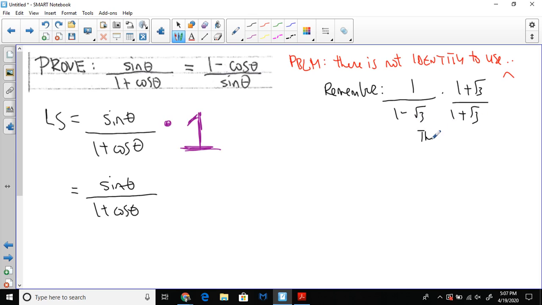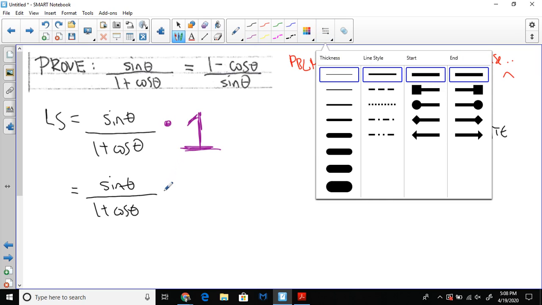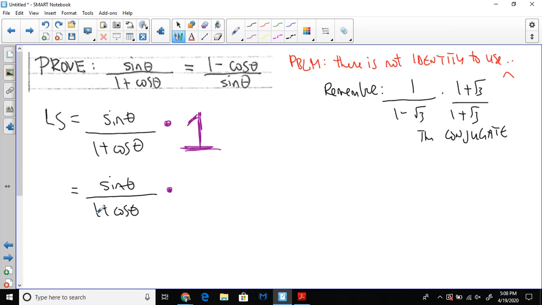I think this was the last week of normal classes when we talked about this. I could be wrong. But here, we're going to multiply by the conjugate. So which conjugate? What's the conjugate of 1 plus cos? It's going to be 1 minus cos theta over 1 minus cos theta.